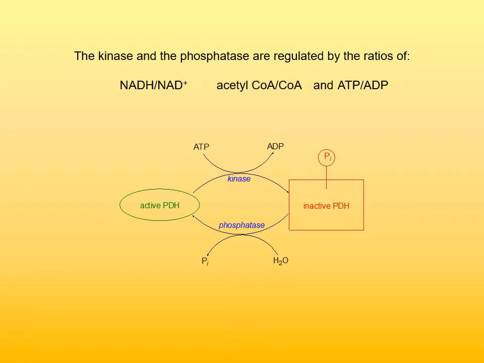As ADP and pyruvate accumulate, they activate the pyruvate dehydrogenase complex by inhibiting the kinase enzyme. And so then phosphatase becomes active, dephosphorylates inactive PDH, and PDH becomes active. PDH is the pyruvate dehydrogenase complex.